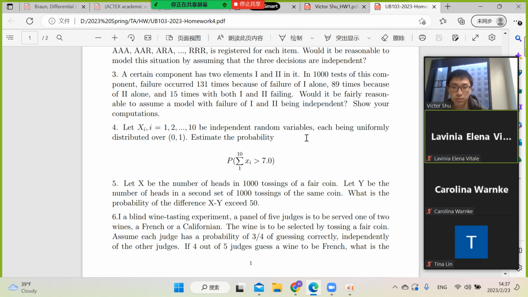It's uniformly distributed over 0 and 1, which means equal chance everywhere. So your expected value is just the middle point of 0 and 1, which is 0.5. And you add 10 of them together, your resulting distribution would have an expected value of 0.5 times 10, which is 5.